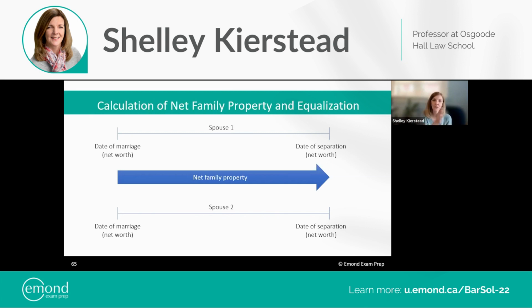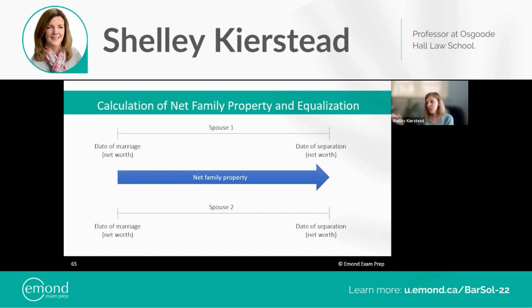So parties are going to need to share their net worth as of the date of marriage, with one marked exception, which we'll talk about, and that's the matrimonial home. But generally speaking, you need to know that net worth as of the date of marriage, because that's part of what parties are not expected to share, again, with that exception of the matrimonial home.